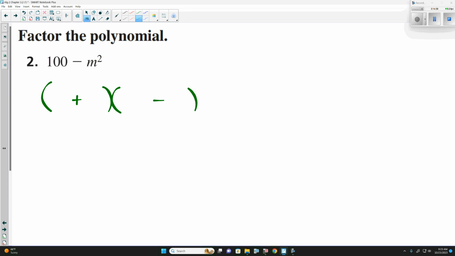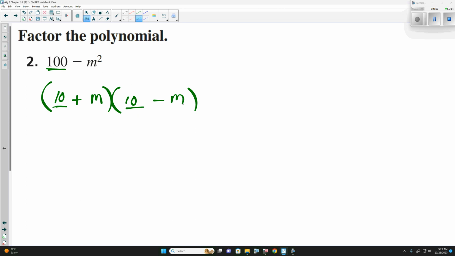What would go in the first spots here? What number came first? 100, so we would have 10 and 10. M came second, so we would have m and m. Because in this case, a is our 10 and b is our m.